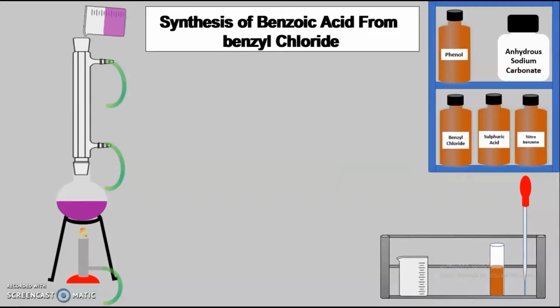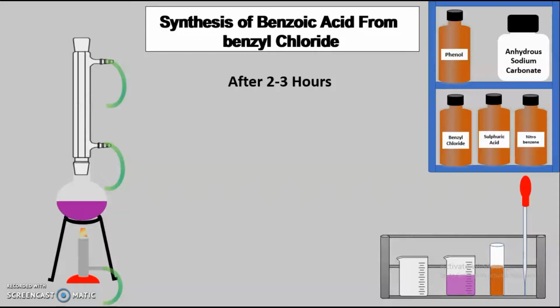Once we have added the potassium permanganate solution, the color of our reaction mixture becomes purple. That is, it acquires the color of the potassium permanganate. Once all the potassium permanganate solution is added, we have to keep this particular reaction mixture for 2 to 3 hours. Means we have to carry out the heating of this reaction mixture for about 2 to 3 hours.